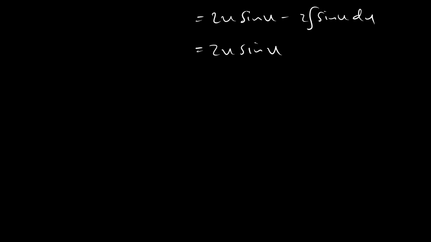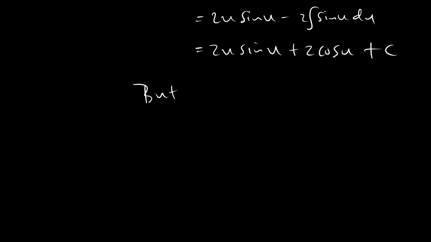So we have 2u sine of u minus the integral of 2 sine u, this becomes 2u sine of u plus 2 cosine of u plus the integration constant c.